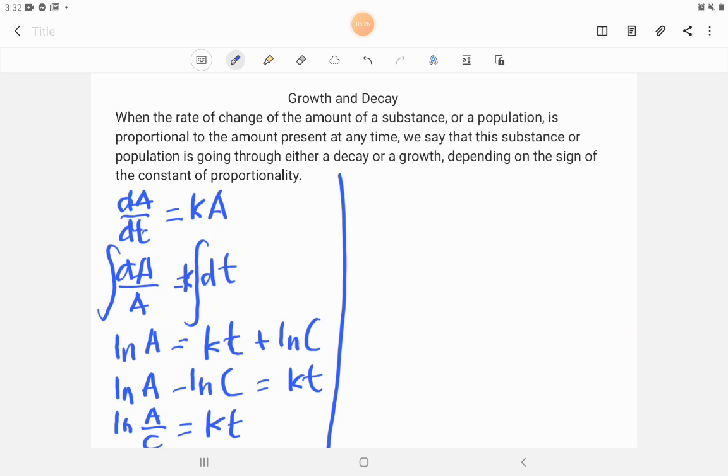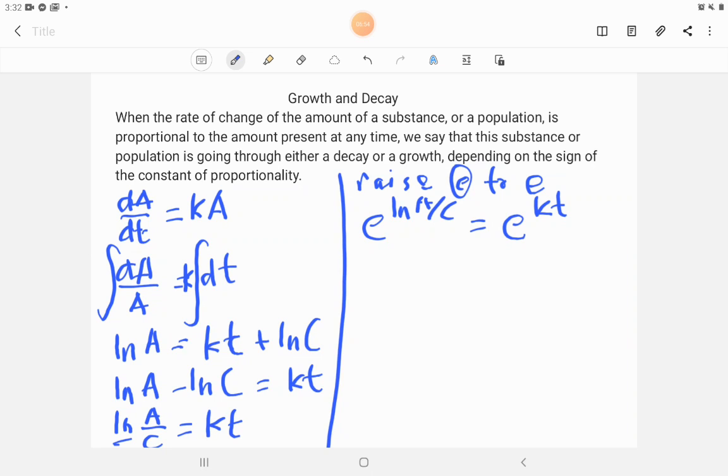And we raise everything to e, in order to take out ln, so that is e to the ln of A over c equals e to the kt.